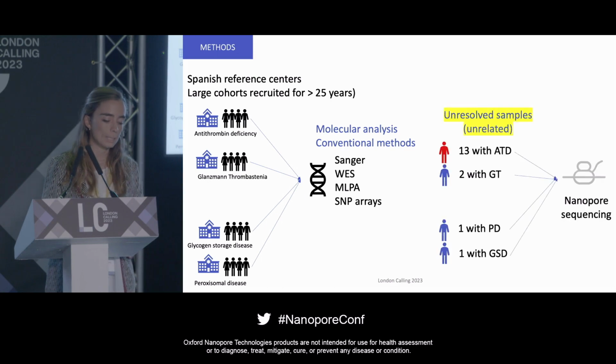Unresolved samples were selected for this study by nanopore sequencing technologies. You can see that we have 13 samples with antithrombin deficiency, 2 samples with Glanzmann thrombasthenia, and 1 of both peroxisomal disorder and glycogen storage disorder.